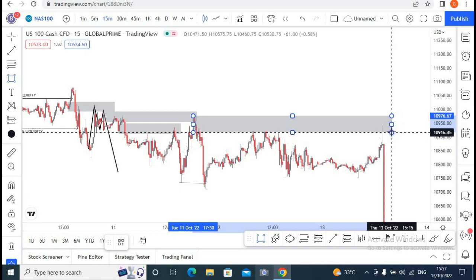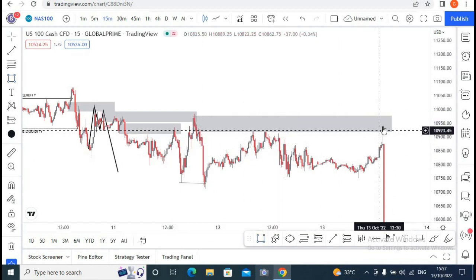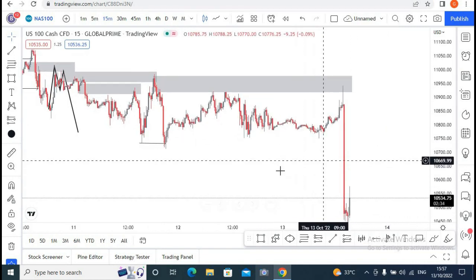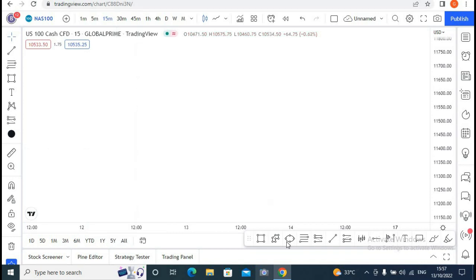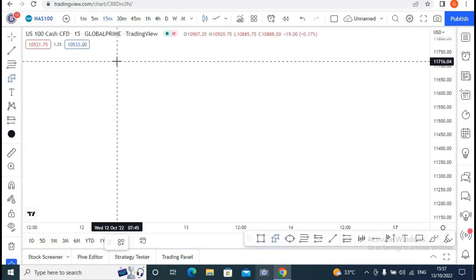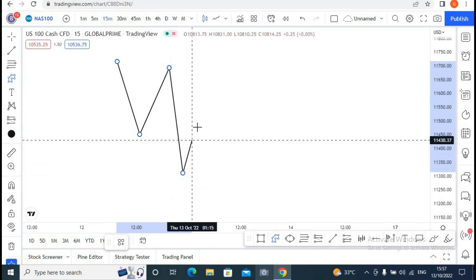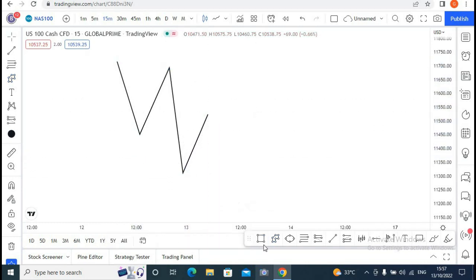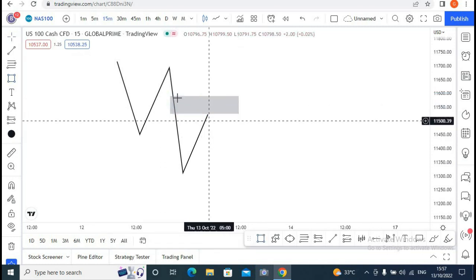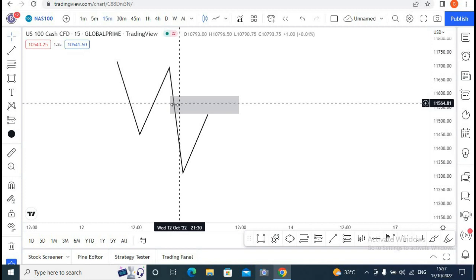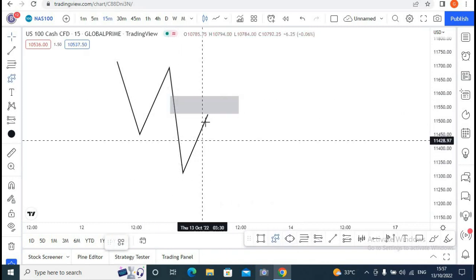You can see that the price even gave you a nice correction to the supply. Now they shifted the market going to the downside, as you can see. So what you have to understand, guys, is that whenever price is going to the downside, you are going to be trading from this high, right? Meaning you are going to be focusing on if you can find your fair value gap or your imbalance or your breaker block level, and then you take your entry at this high.